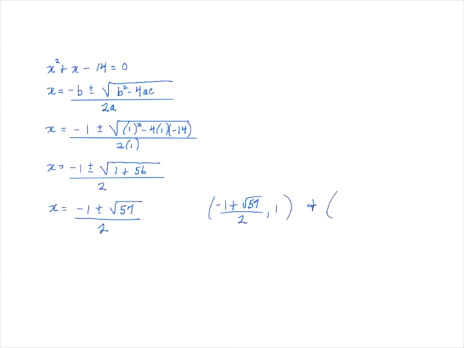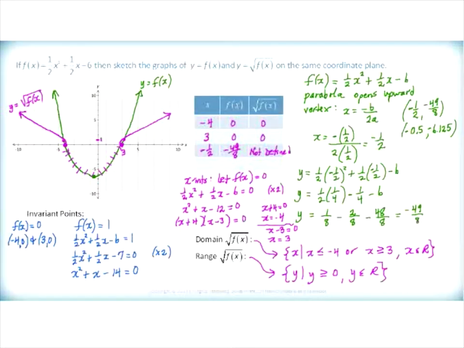And the other one will occur when x is negative 1 minus the root of 57, all over 2, and the y-coordinate would have to be 1. So to illustrate those points on the graph, this would be at negative 1 minus the root of 57, all over 2 and 1. And this invariant point here would occur at negative 1 plus the root of 57, all over 2, and positive 1.